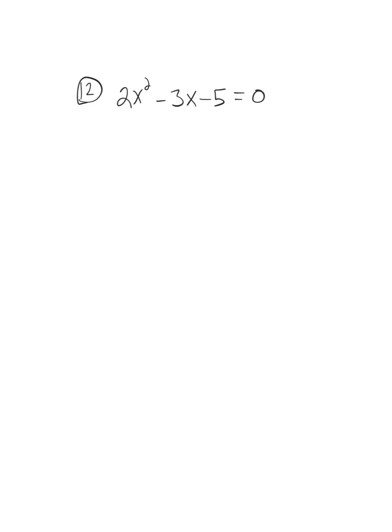All right, so if we look at the next one here, we can definitely not do square root because it has that 3x there. It's already set equal to 0 in standard form. You might want to take a minute to see if it does factor. We would know that 2x and x would have to be a given, but then I would have to look at this and say that because this is negative, I'm going to have one of these factors be a plus, one of these be a minus, and I need to be able to make a 3 in there.